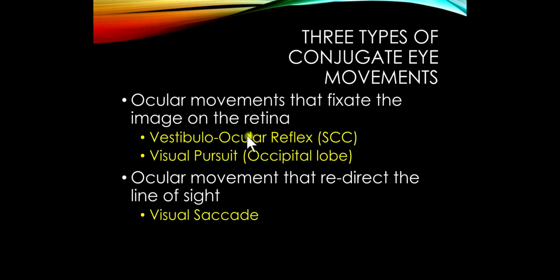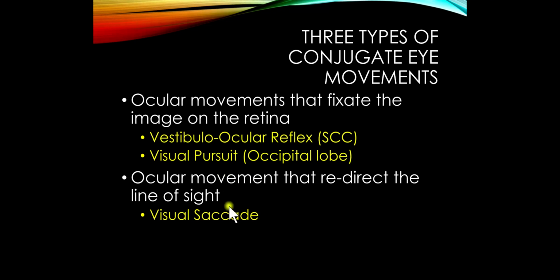If we didn't have a really good vestibuloocular reflex, if you've seen any of those old Cops TV shows, there's some poor cameraman running into the house behind the police officer and everything is bouncing up and down. That's what things would look like if we didn't have a vestibuloocular reflex. Pursuit is fairly obvious. You're tracking something in space.